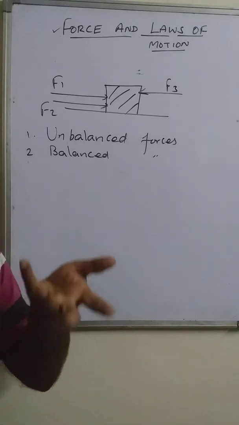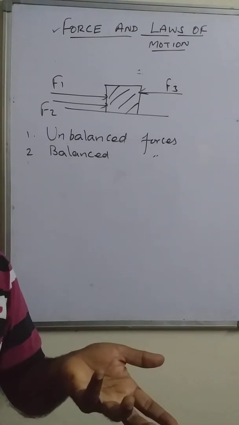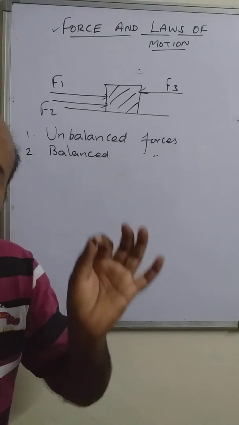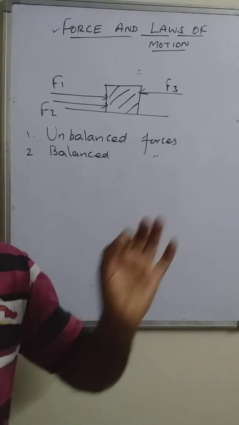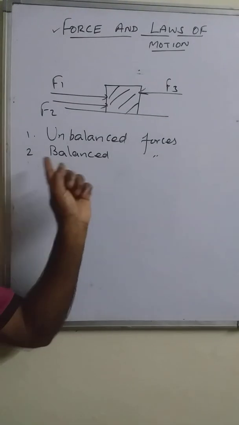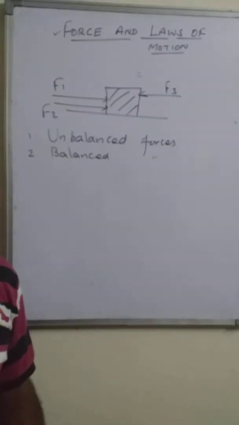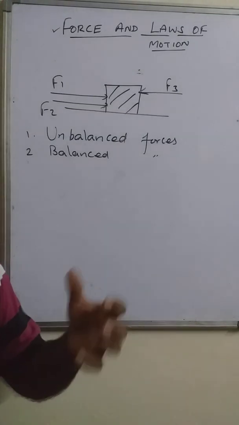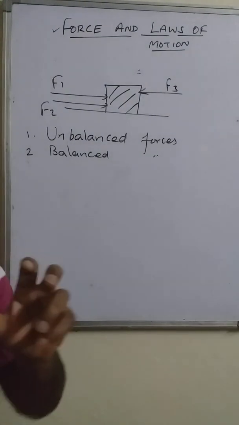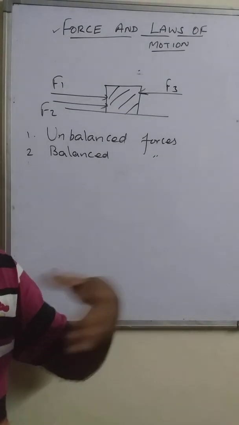If they are not balancing each other, then there may be some effect of force. The second one is balanced forces, that means they are all balancing each other. The group of forces, here we take three forces, are balancing each other.